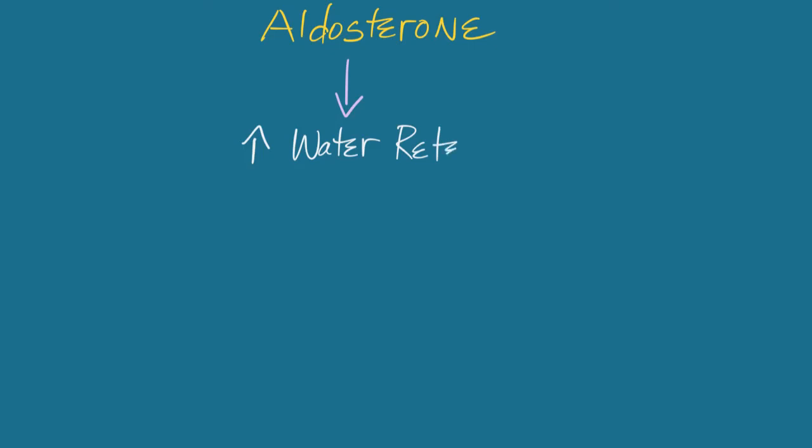The third hormone is aldosterone. Aldosterone is a hormone that maintains sodium-potassium balance. So what it does is that it retains sodium and gets rid of potassium. So when it retains sodium, it also retains water. So the water retention goes up, along with the sodium retention.